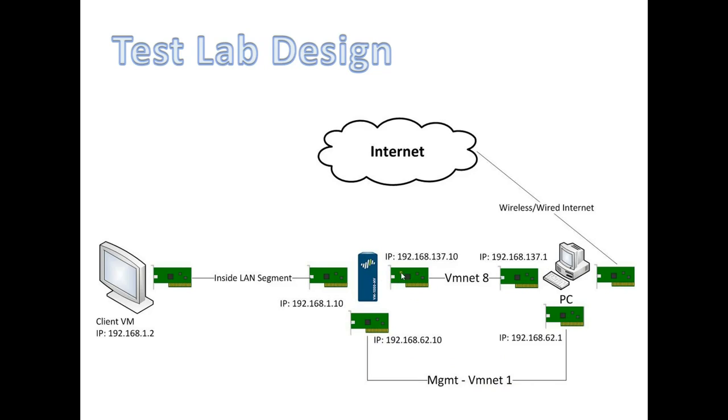There will be one interface for the external facing, Palo Alto external facing or external network. This is basically your internet connection on Palo Alto Firewall, and you can see that your PC will be used as a router, as an internet edge router. So this is your outside network of Palo Alto Firewall.